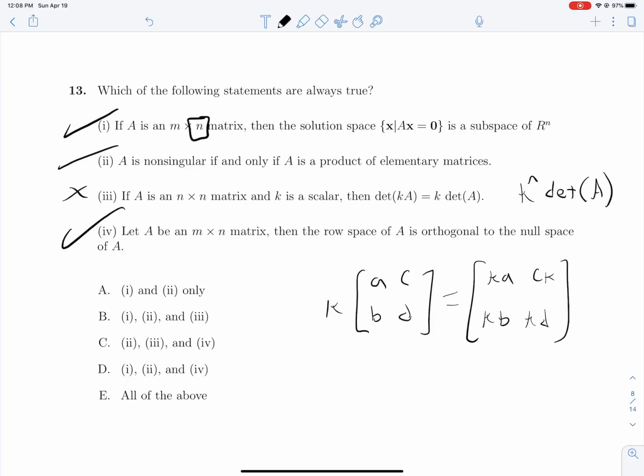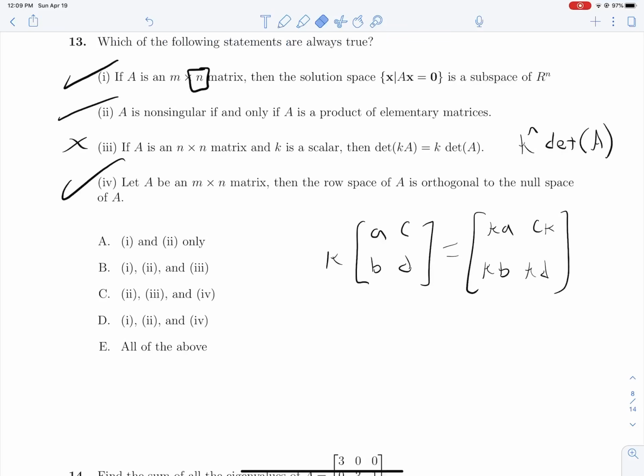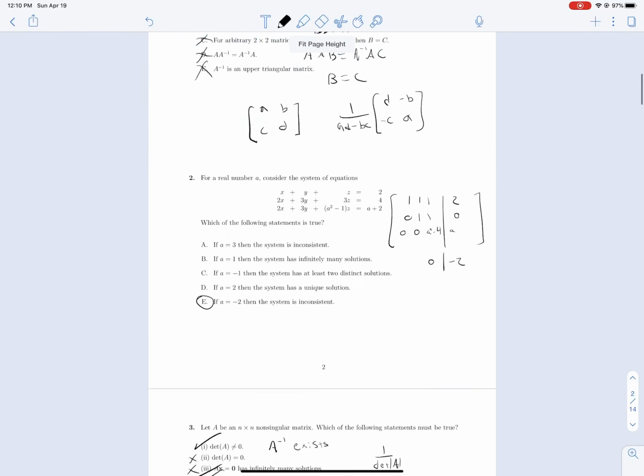Yes, the row space is orthogonal to the null space. They like bringing that up almost as much as they like bringing up the fact that the rank of A is the same as the rank of A transpose. And I just circled the wrong answer, so D is correct for number 13.